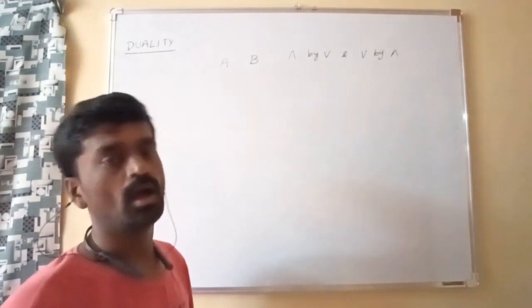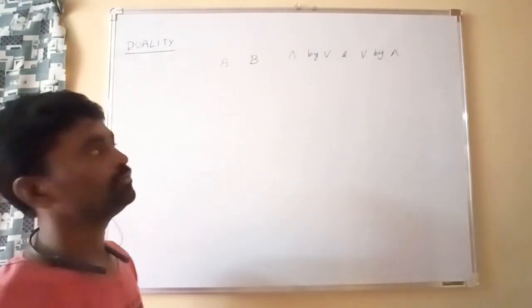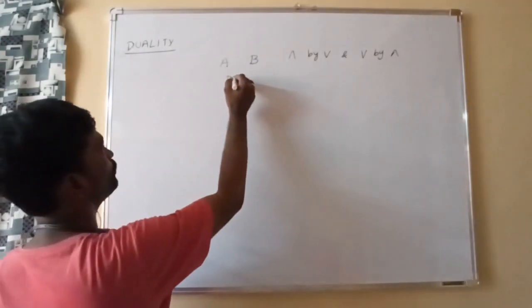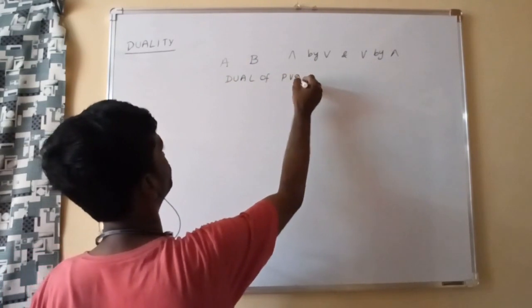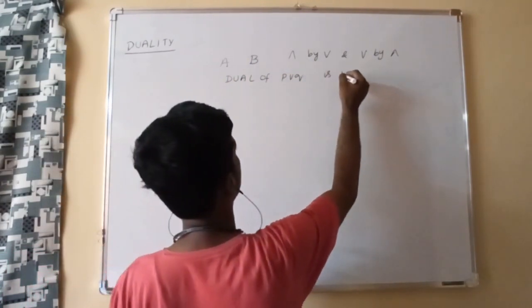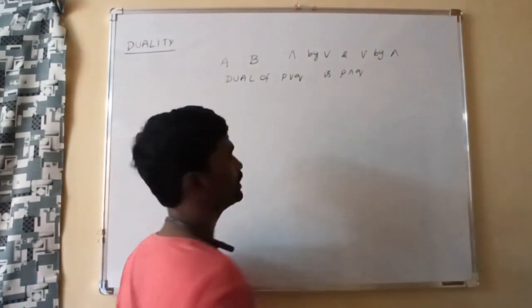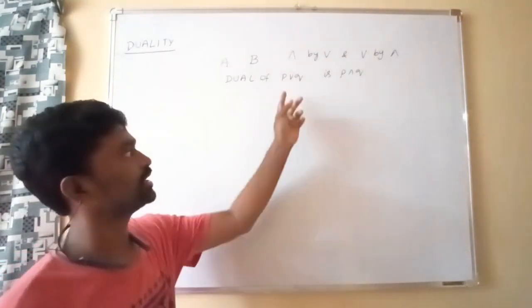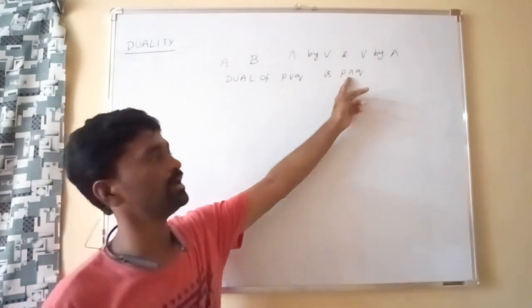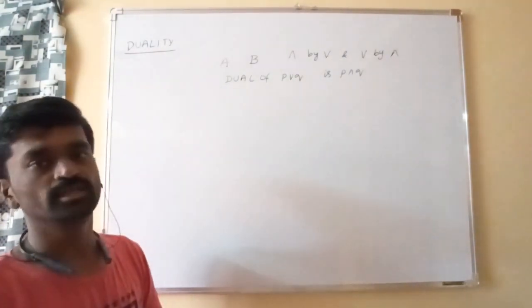For example, the dual of P or Q is P and Q. That means the logical connectives or and and are duals of each other.